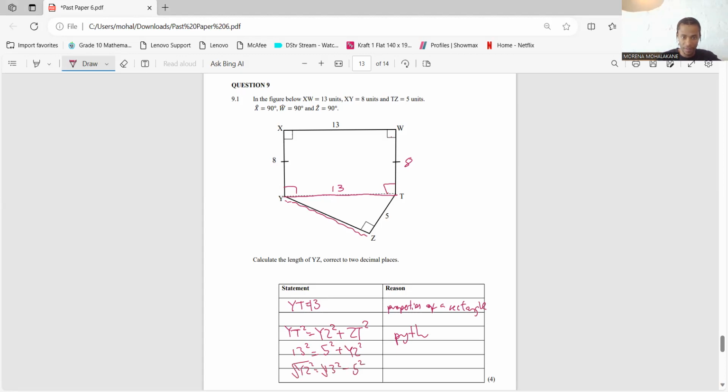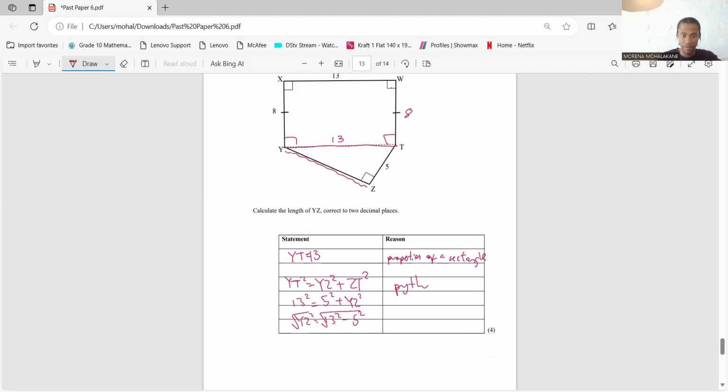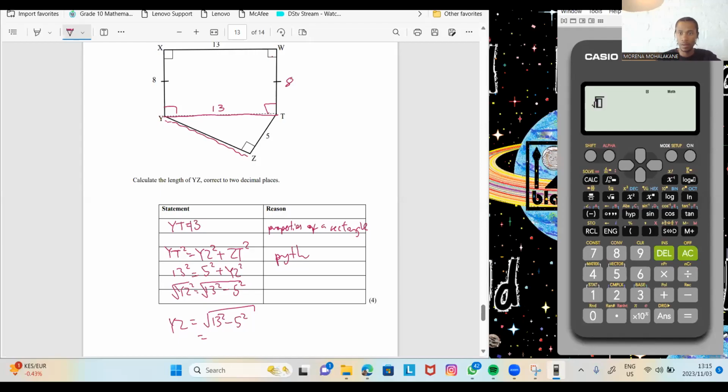Then I square root both sides. So I have YZ equal to the square root of 13 squared minus 5 squared. When I get to my calculator, 13 squared minus 5 squared gives me what? 12. Here's my question. Here is my answer.